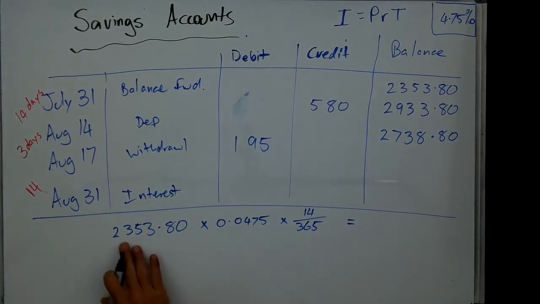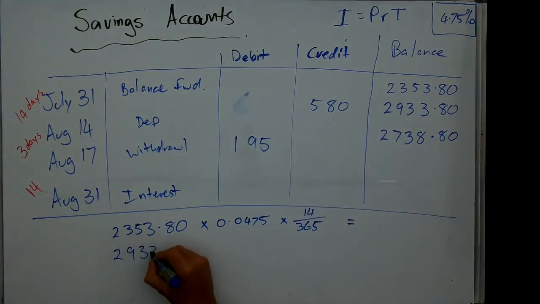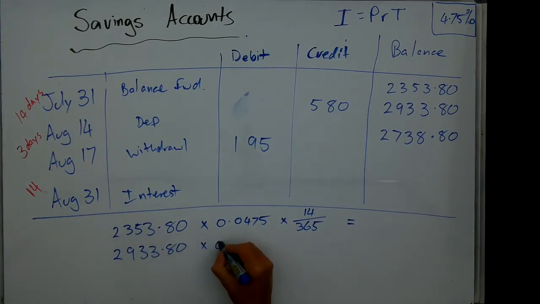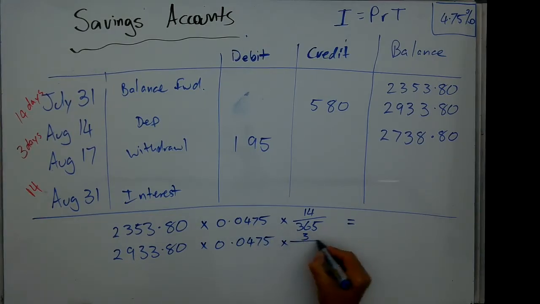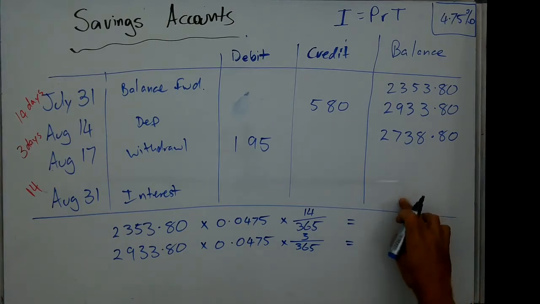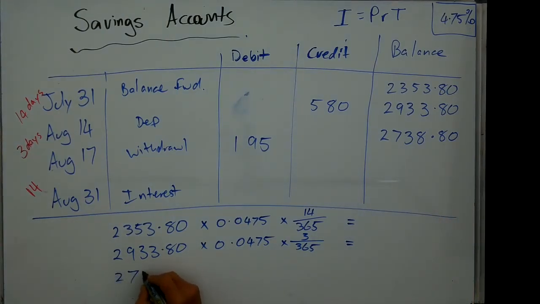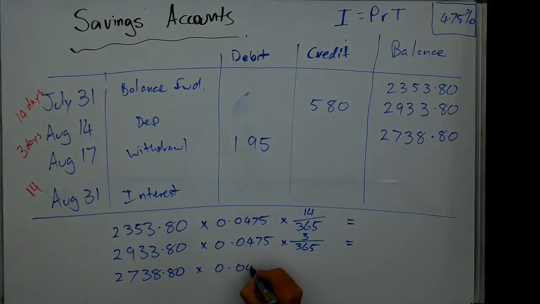So that calculates the interest for those 14 days. Then we have a new balance, $2,933.80 times the same rate, and we're at 3 out of 365. And then we've got the last section of the month, $2,738.80. And that's for 14 days.